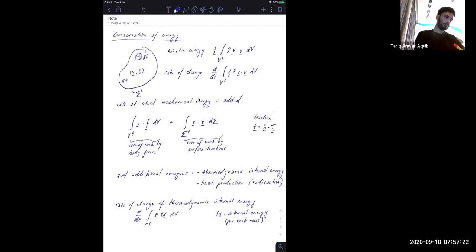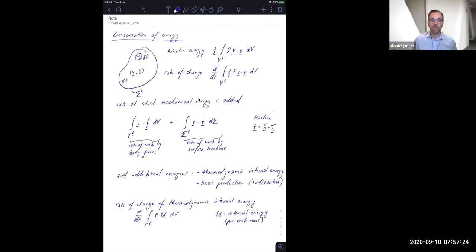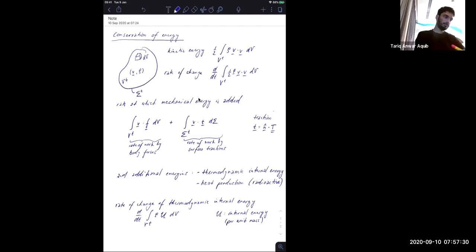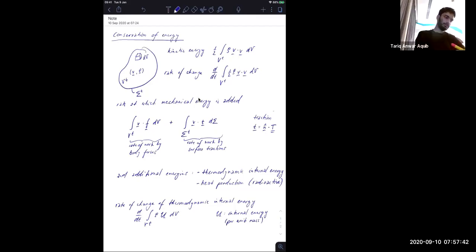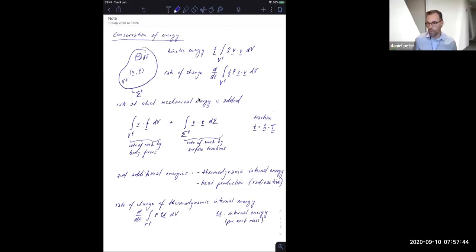So we then need a formulation that relates internal energy U to, for example, the temperature of the body. And this will again be a constitutive relationship that we will need to solve the heat equation. So for now, let's use the internal energy U.